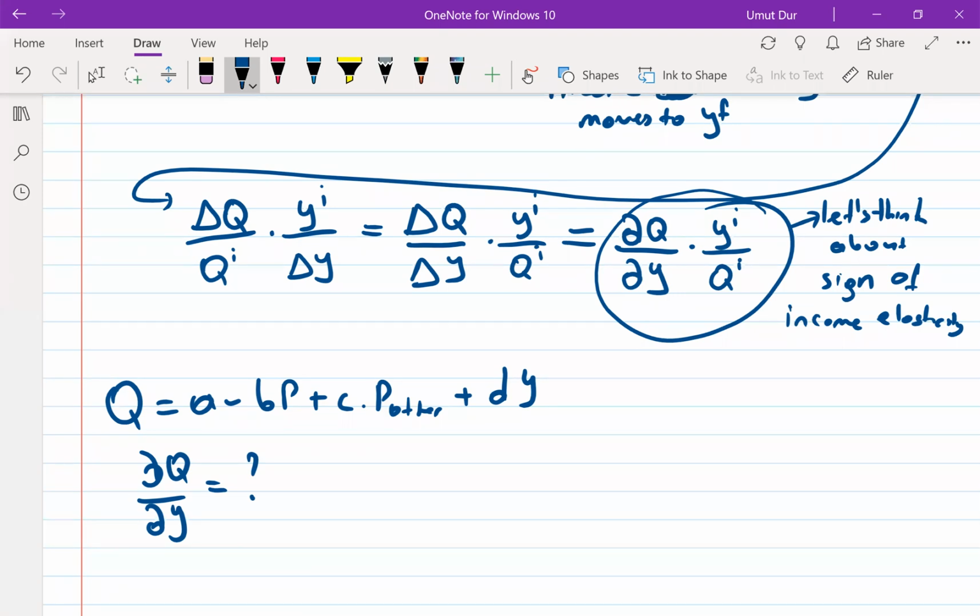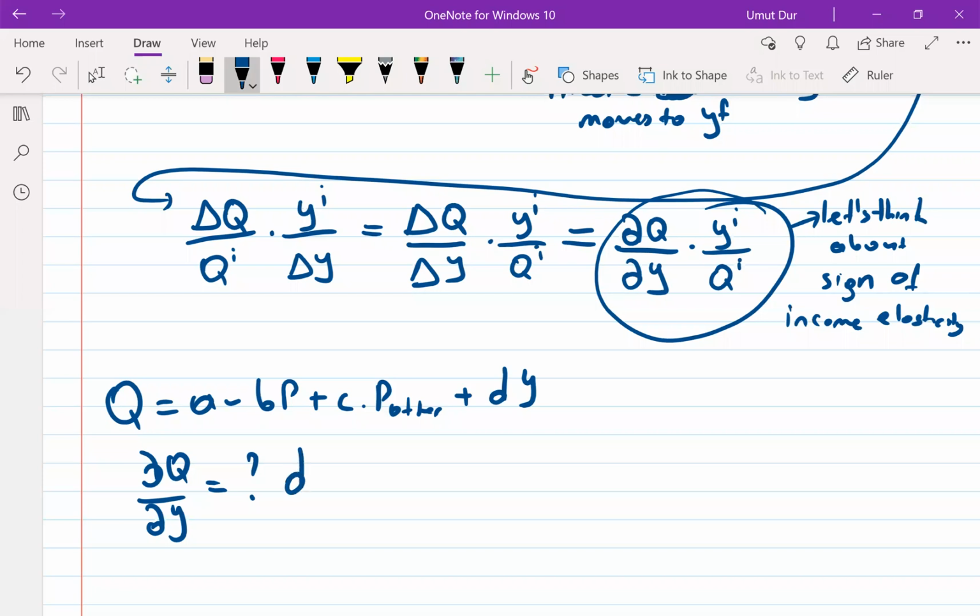We are taking the derivative with respect to income only, so we forget about all the other terms. Yes, it will be D.